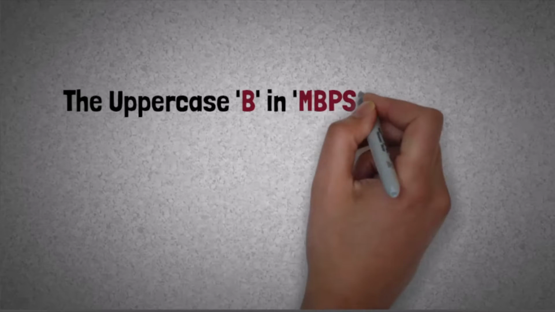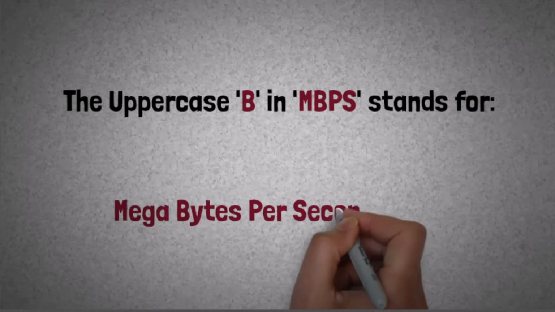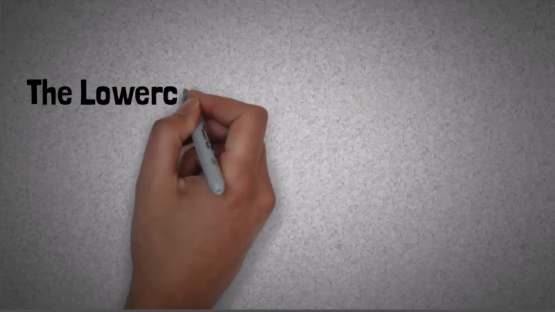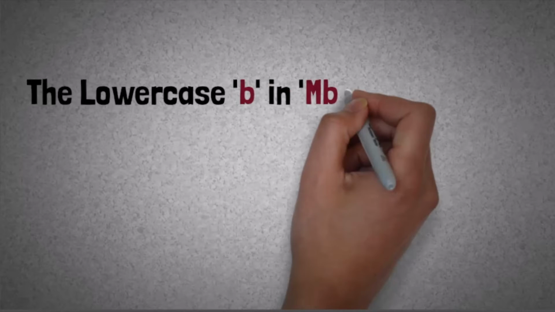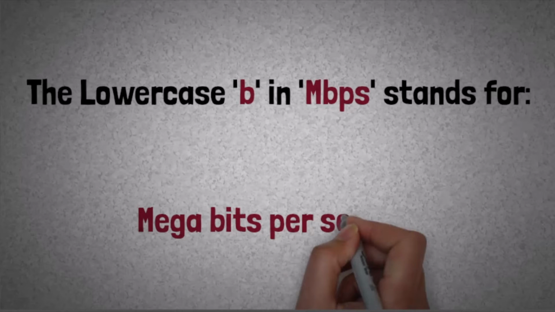The uppercase B in MBps stands for megabytes per second, while the lowercase b in Mbps stands for megabits per second.